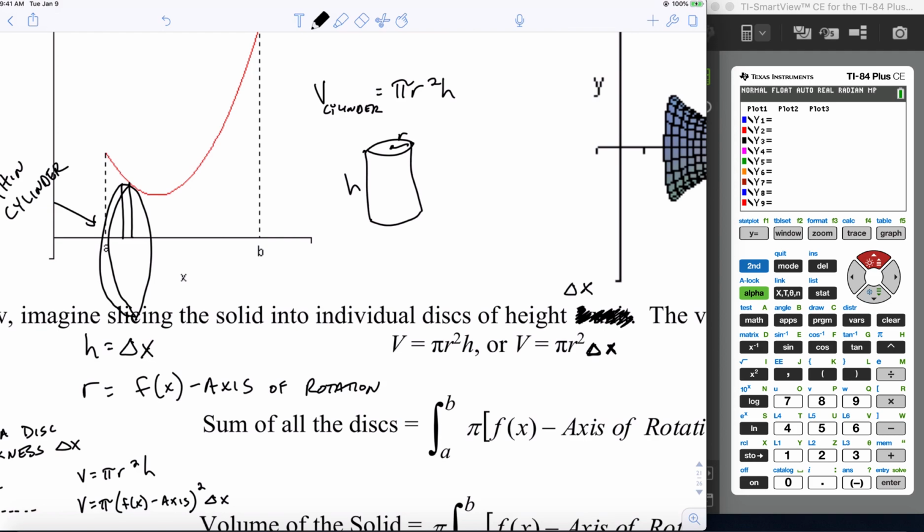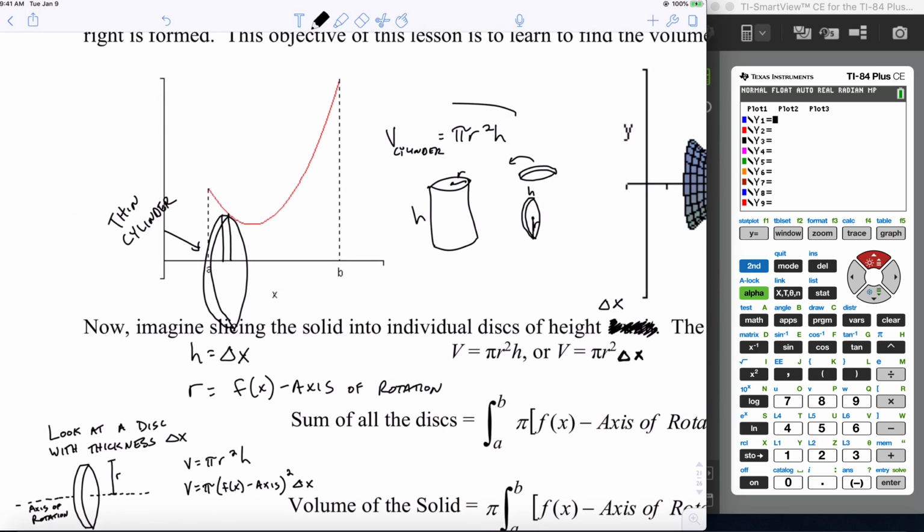Well, now we're going to make it really thin, and we're going to call it a disk, because a thin cylinder is typically referred to as a disk. So we're making the height really small, and we're turning it on its side. So now our height of our cylinder, we're using a little h. The height of our cylinder is that little thin thickness there, and then the radius is going to be here. So that's essentially how we're looking at these as cylinders.